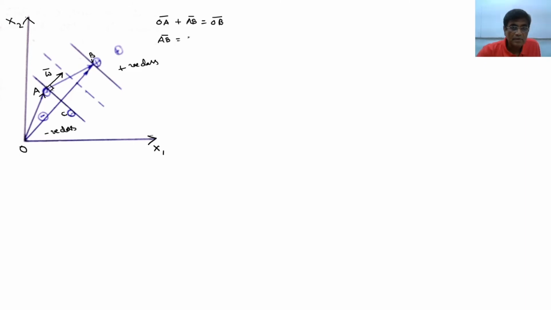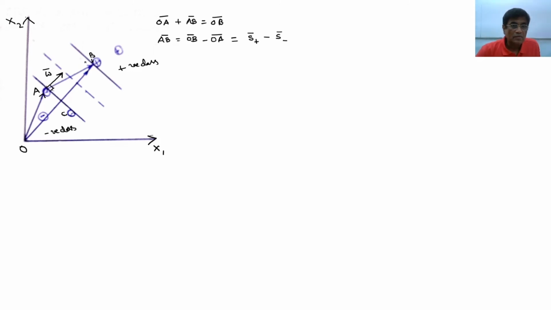AB will be OB minus OA. So OB is actually what in terms of the support vector? So this is the support vector plus minus OA. OA is the negative support vector. Okay.